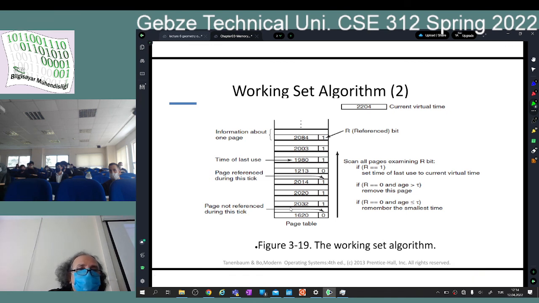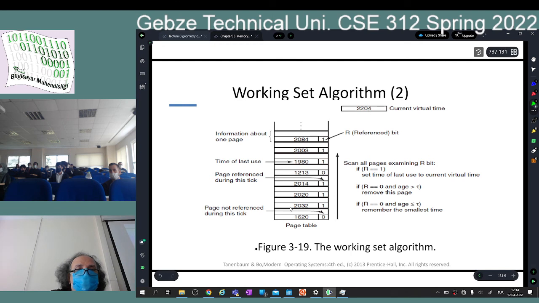For each page table element, there is a virtual clock time field. If my R bit is referenced, it is 1, I update that value with this one. If it is not 1, then I don't update it.